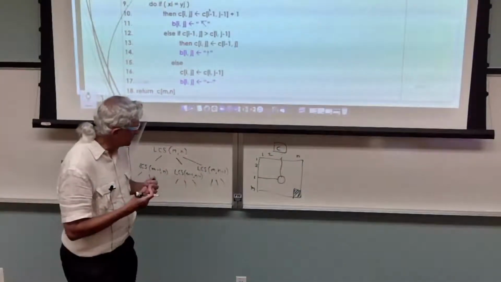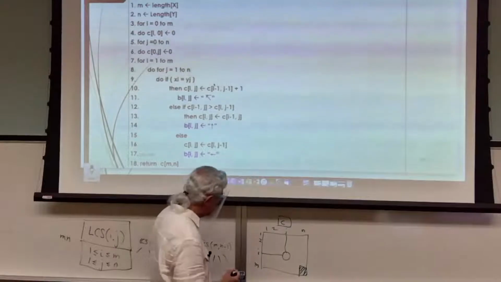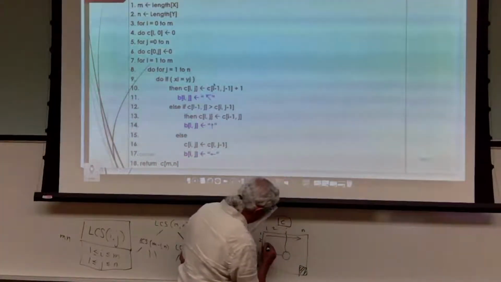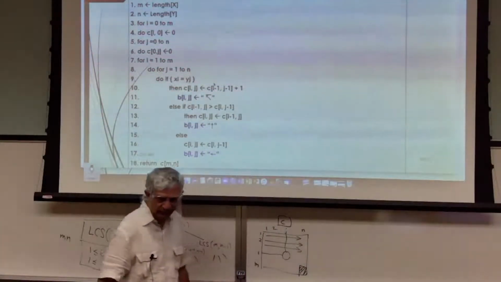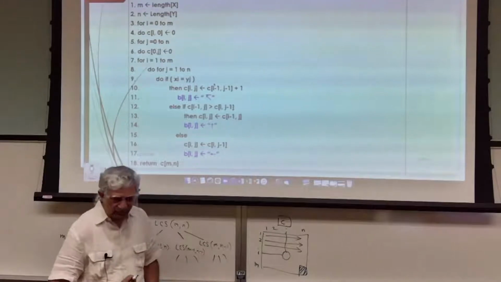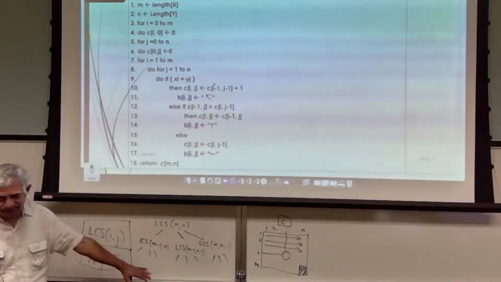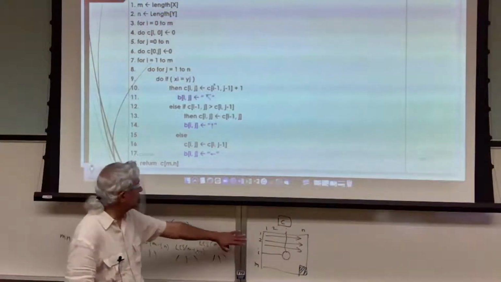So now the question is, in what order should I fill these up? It turns out that I could do it in what's called row major order, where I take it one row at a time, and in each row I go from left to right. If I do it in this order, I never get any dependencies screwed up. So that's going to be our logic.